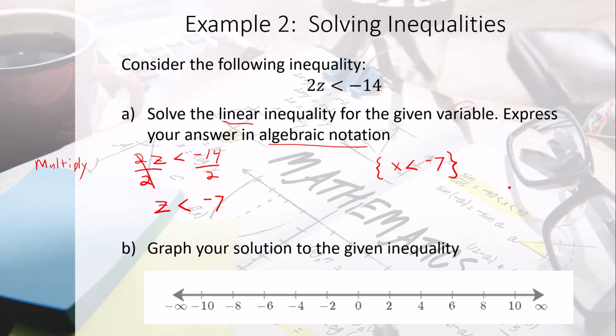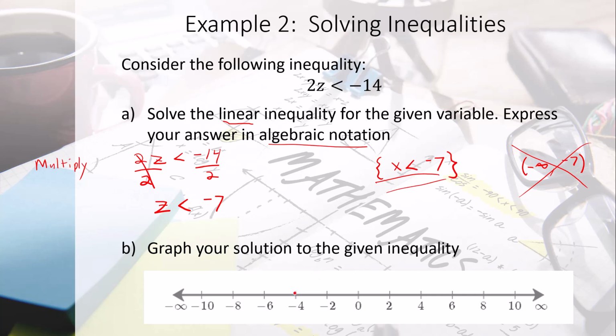If I asked you to write this in interval notation, it would be negative infinity to negative 7, parentheses on both sides. Parentheses because of this, and parentheses because it's negative infinity. But once again, we were asked for algebraic notation. That's interval notation. Okay, how would you graph that?